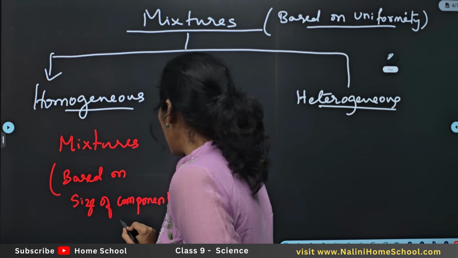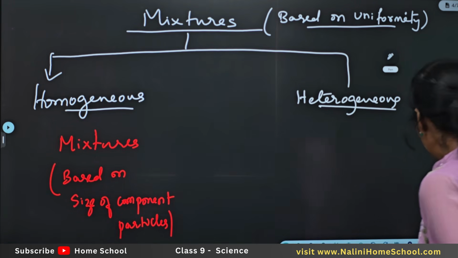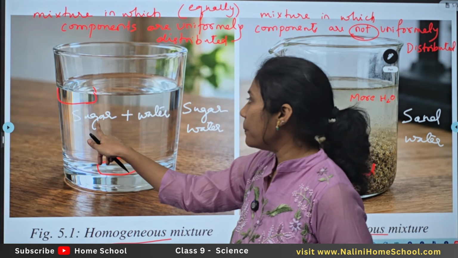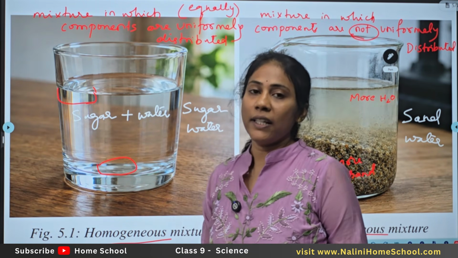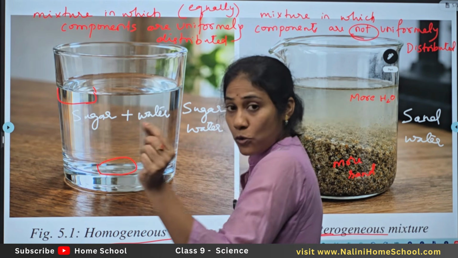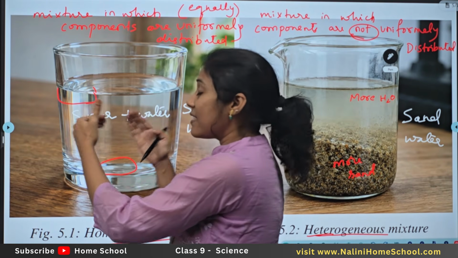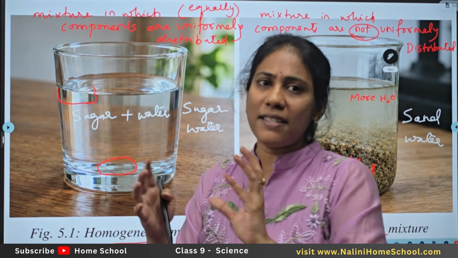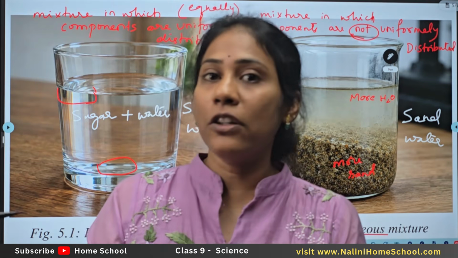Say, for example, in this picture, sugar is one component and water is another component in this mixture. Sugar and water have different sizes. Sugar particle size is different, water particle size is different. So the size also matters, whether they mix well or not.